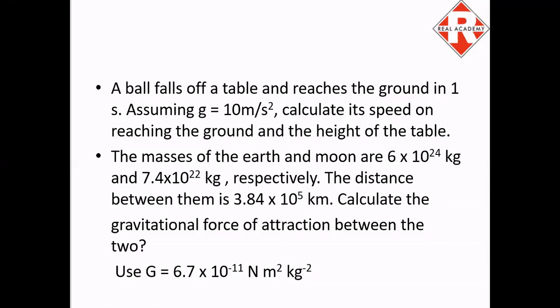Let's move on to the next question, that is question 5E. A ball falls off a table and reaches the ground in 1 second. Assuming g equals 10 meters per second square, calculate its speed on reaching the ground and the height of the table. Okay, let's understand this by drawing a small diagram. So we are doing question 5E.